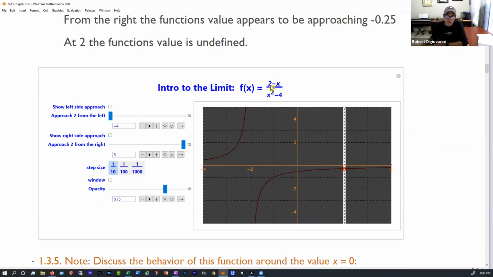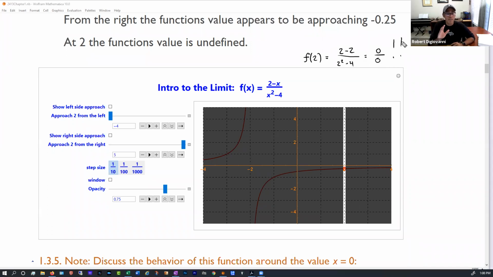This function right here, 2 minus x over x squared minus 4. Just for the sake of doing it, what would happen if we plugged 2 into this function? So let's see. We go 2 minus 2 over 2 squared minus 4. We would get 0 on top, and on the bottom, 4 minus 4 is 0. Ah, we have 0 over 0.